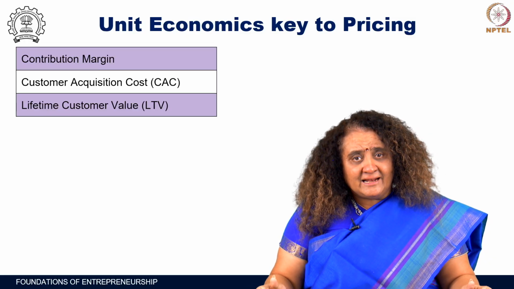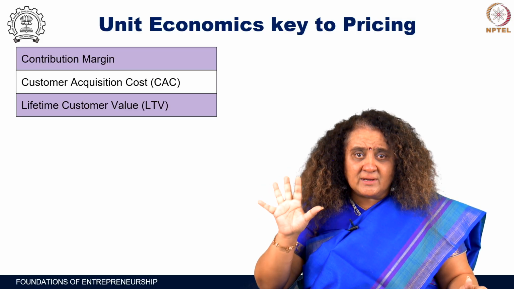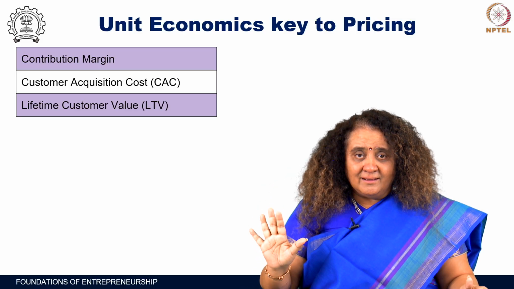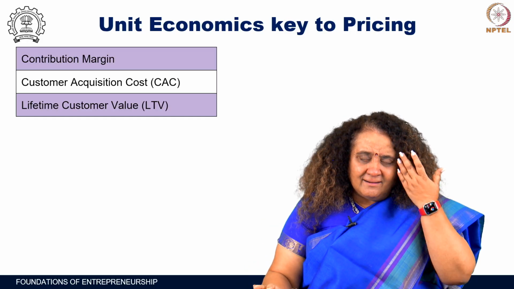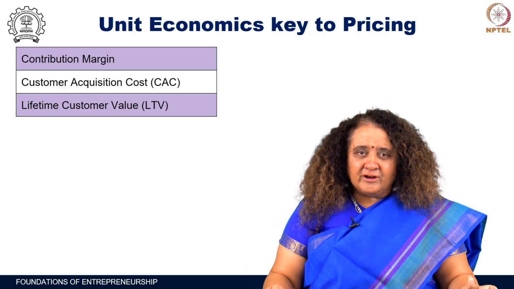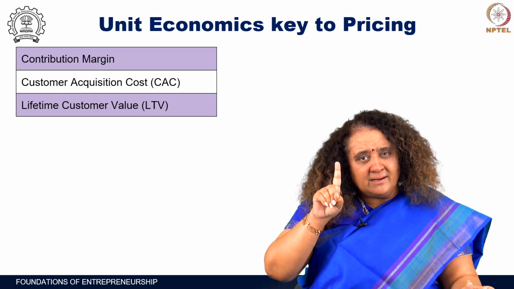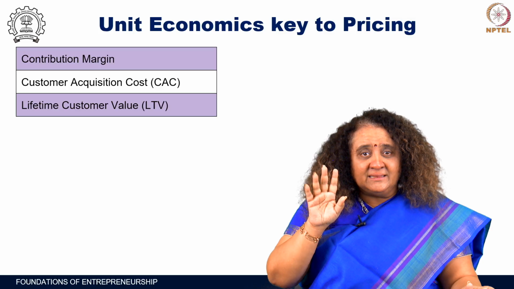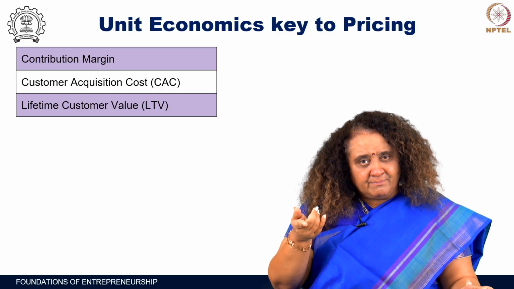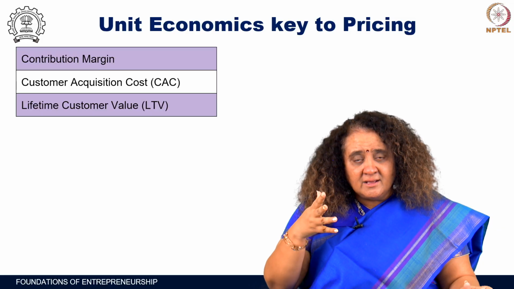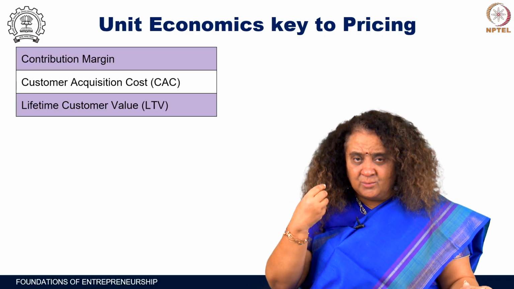The lifetime value of a customer is the total revenue that you get from that customer divided by the cost of acquisition of the customer. So, a factor of 3 or a factor of 5 are considered very good, which means that I acquire a customer one time, but they buy at least 5 times. I am repeating, I spend let us say 100 rupees to acquire a customer, advertising, salesman, whatever.